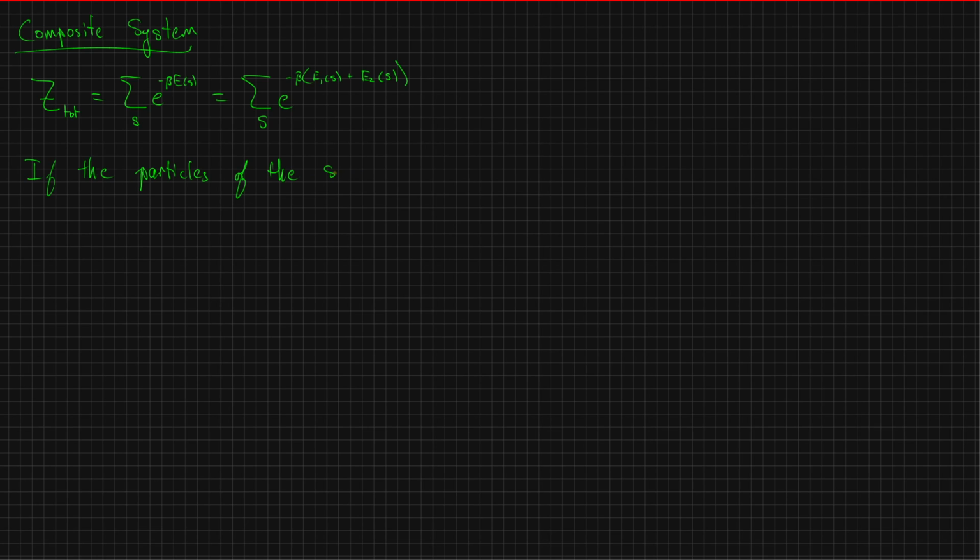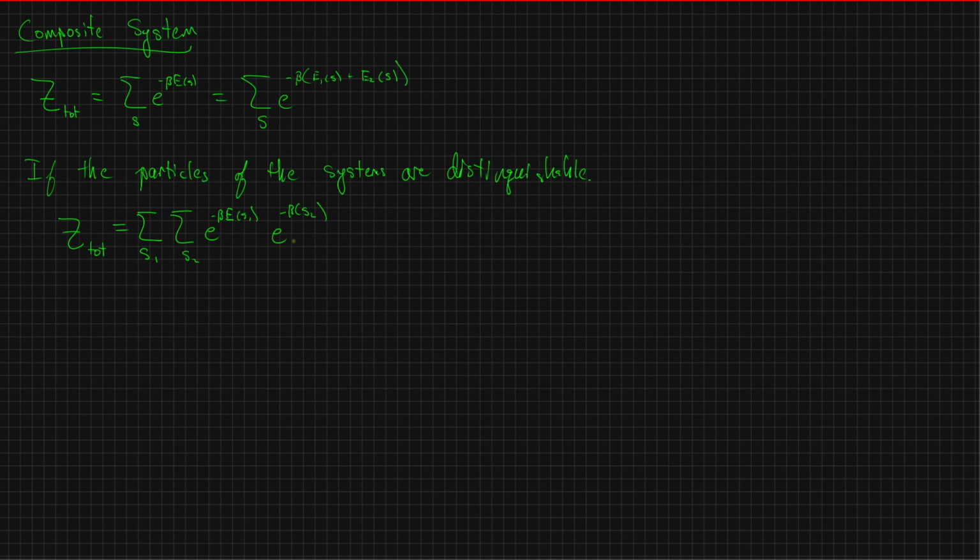If the particles of the systems are distinguishable, then we can do the following. We can take z total, and we can break it up into the sum over 1, sum over 2, e to the minus beta e of S1 times e to the minus beta e of S2.